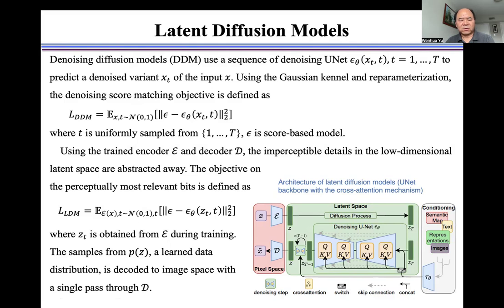The samples from the learned data distribution P are decoded to image space with a single pass through this decoder D, this encoder, this denoising U-net, and this cross attention, this generation condition.